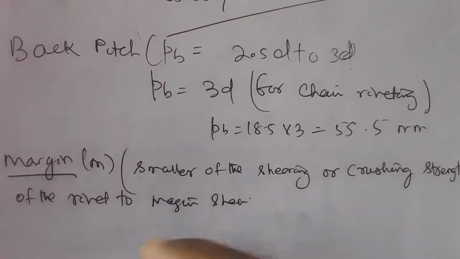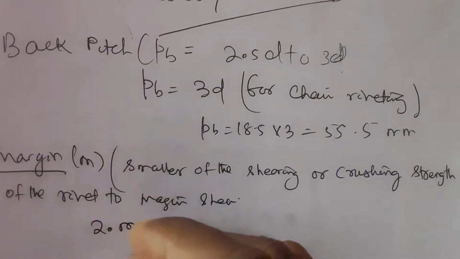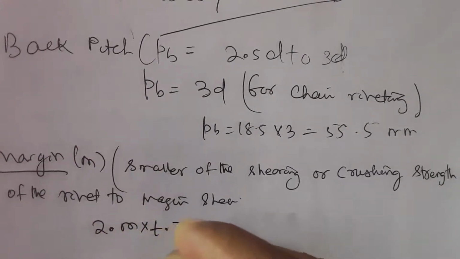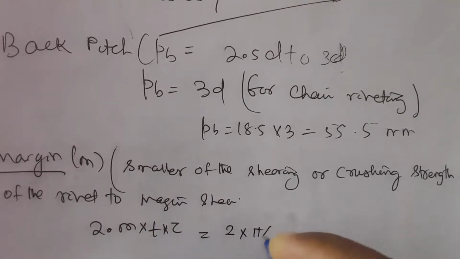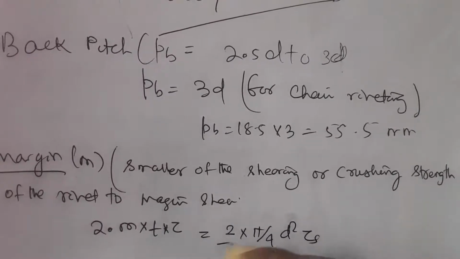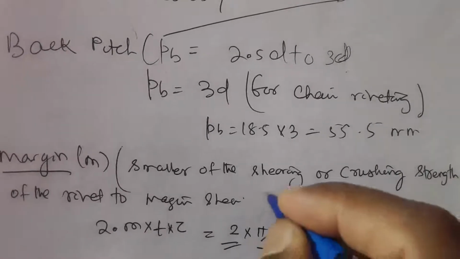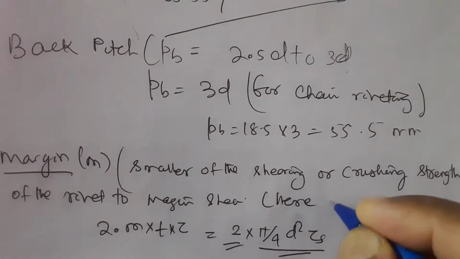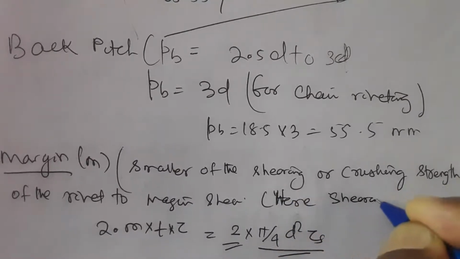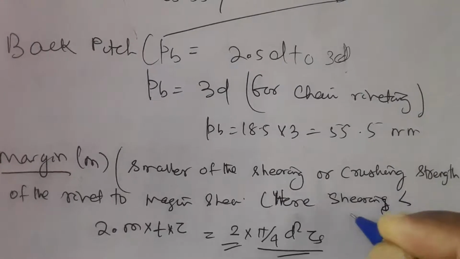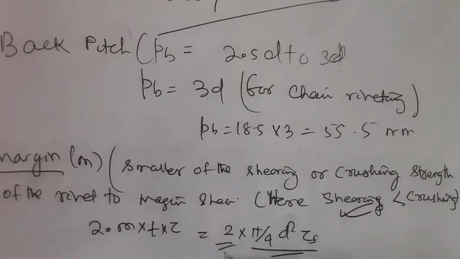So margin shear is actually 2 into M into T into tau, that is equal to 2 into pi by 4 d square into tau s. This 2 is because here the shearing is less than crushing, so we take shearing, and there are 2 rivets per pitch length.